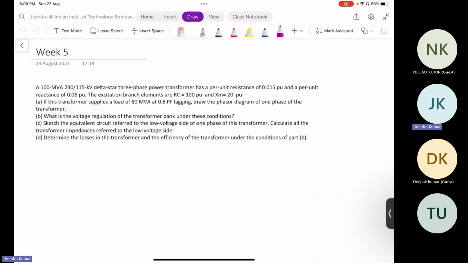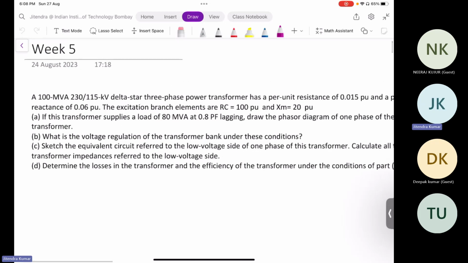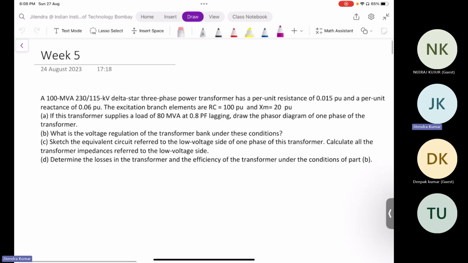I wanted to start with a problem. If we face any issue in this problem, then we can go back to the basic concepts. Where did you guys face any issue? Please read this question very carefully. This is a three-phase transformer problem.